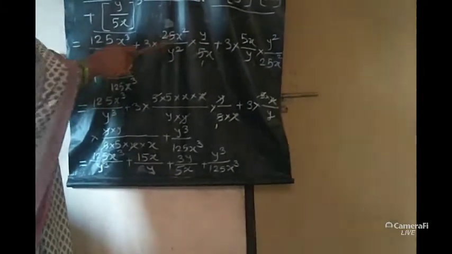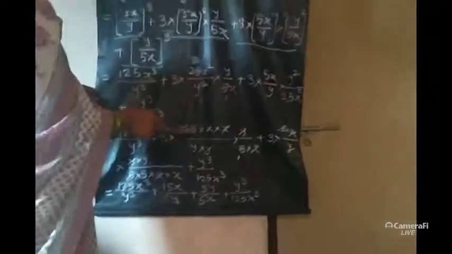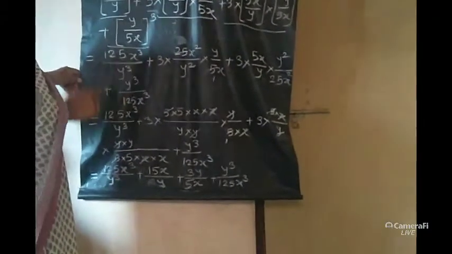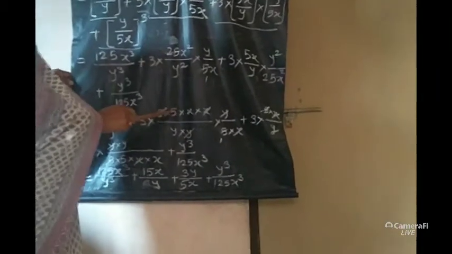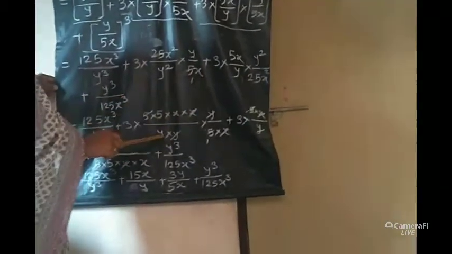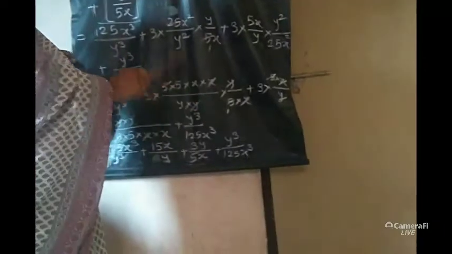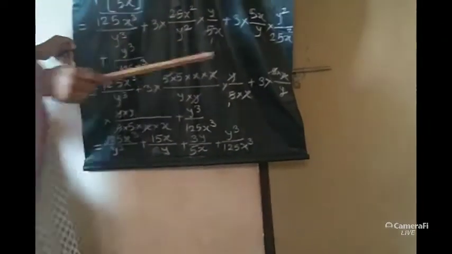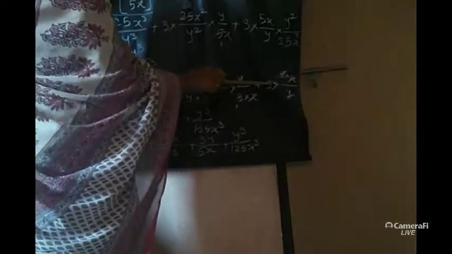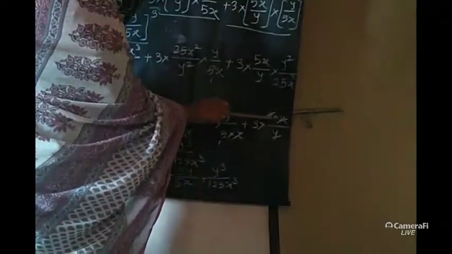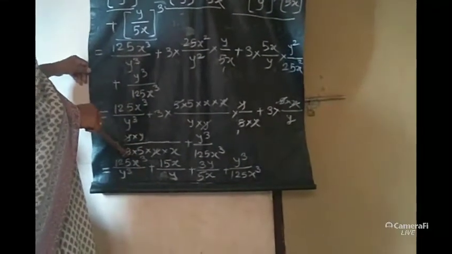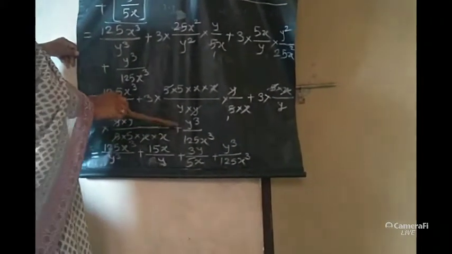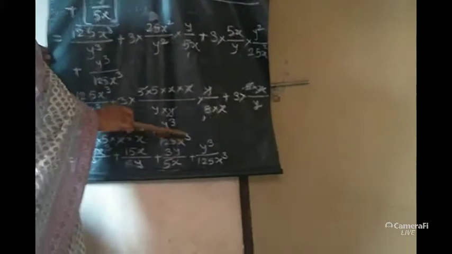Now we have to put these values in multiplication form. Therefore it is equal to 125x³/y³ plus 3 into 5 into 5 into x²/y² into y/5x, plus 3 into 5x/y into y²/5 into 5 into x², plus y³/125x³.